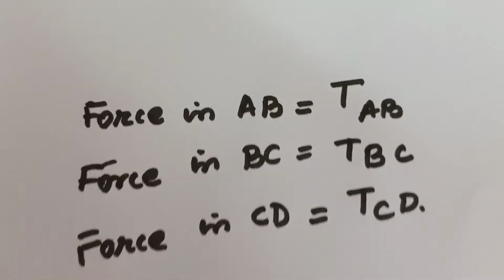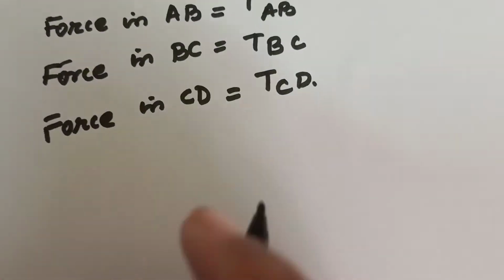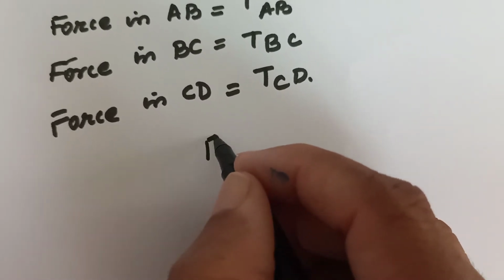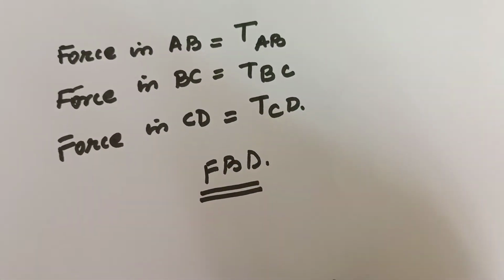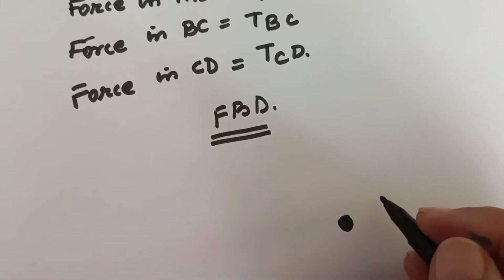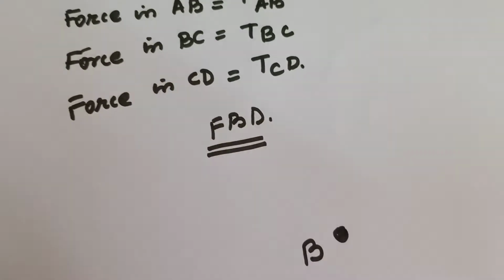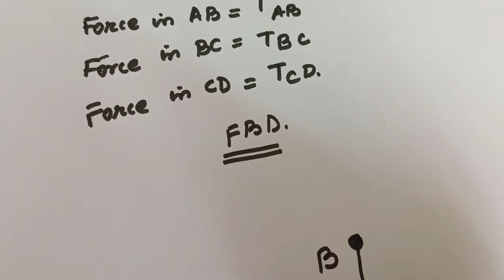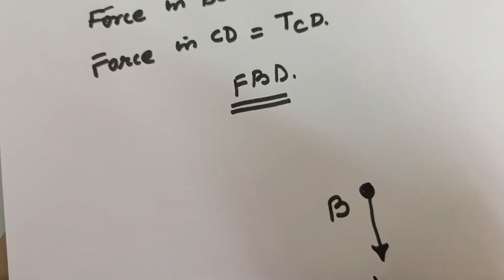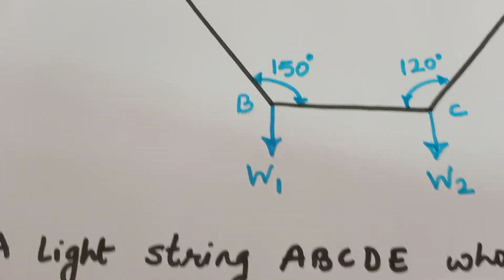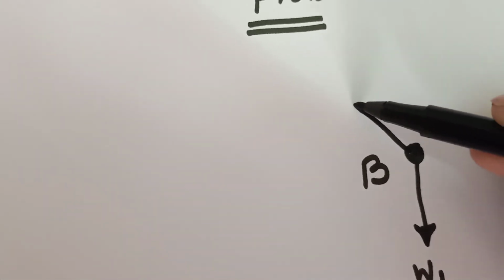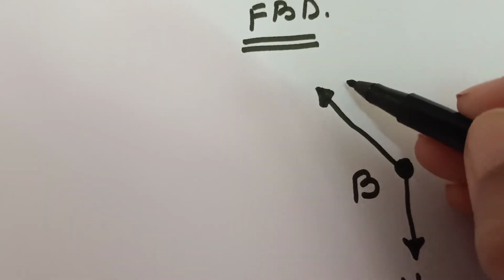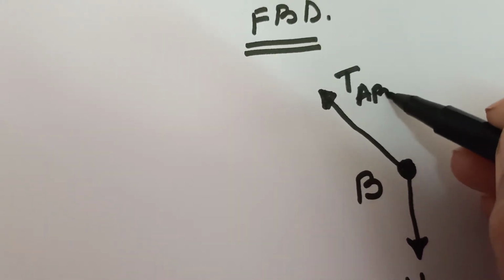Now we will draw a free body diagram. First of all we will take the point B. Then it has weight W1, so we will show the weight W1. Then in the diagram we can see that AB is the string, so we show the force in member AB, that is TAB.